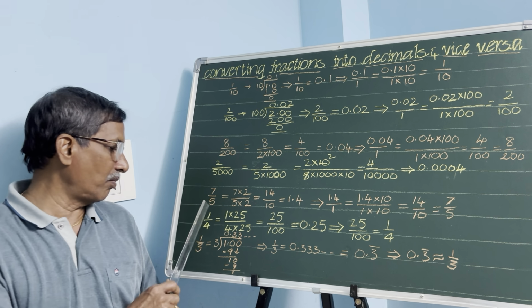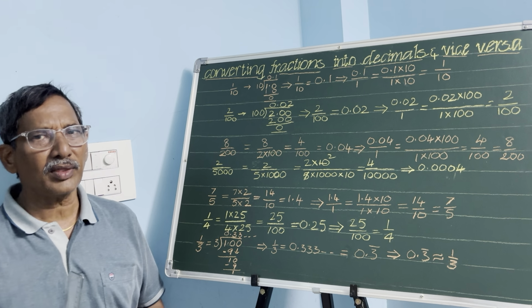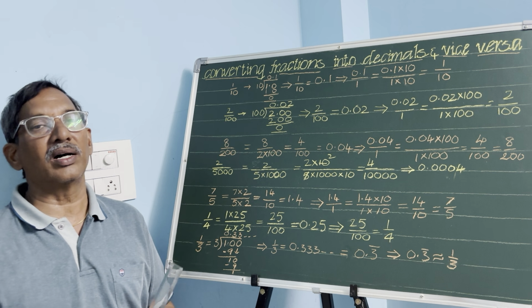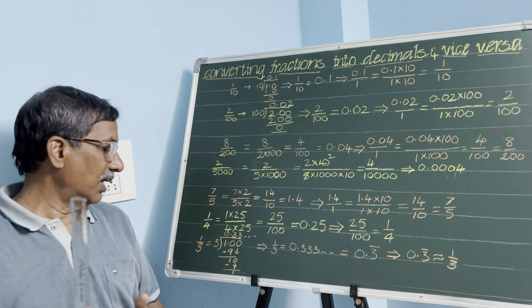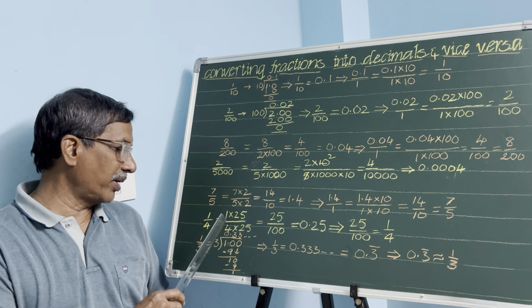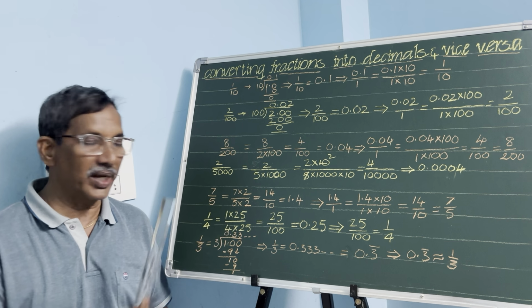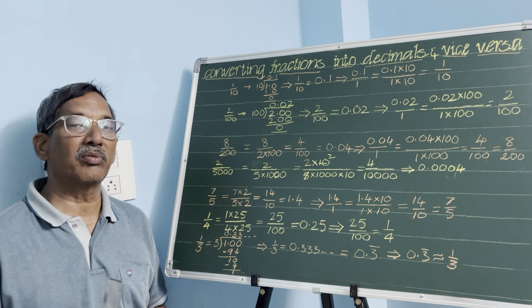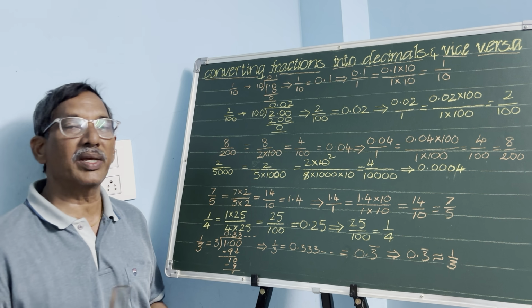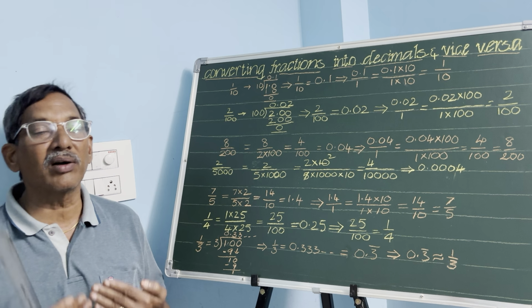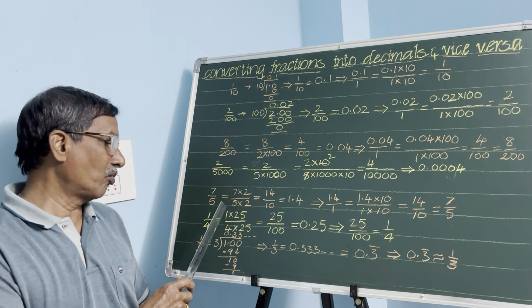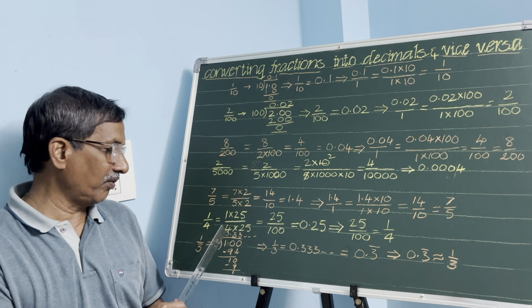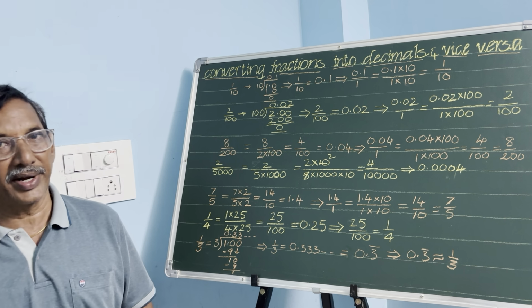Coming to the next example, 1/4, or 1 over 4. To make our calculations simpler, let us multiply both the numerator and the denominator by 25. We will see why we multiply with only 25. You can multiply by any number, but this makes our calculations simple. So 1 into 25 by 4 into 25. 1 into 25 is 25. 4 into 25 is 100.